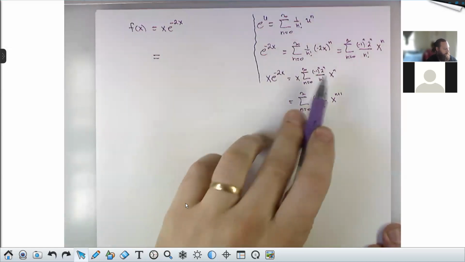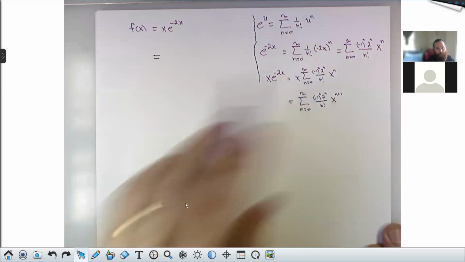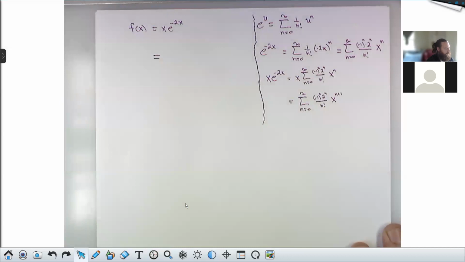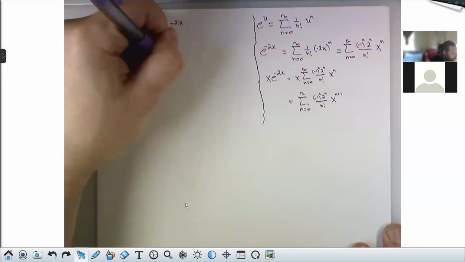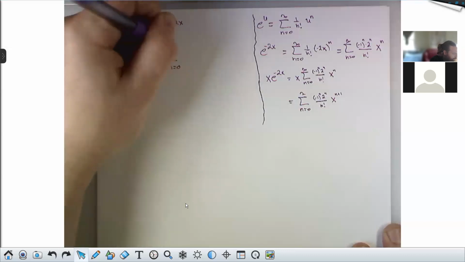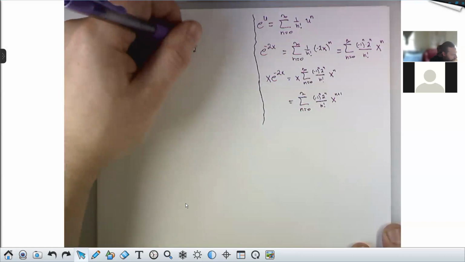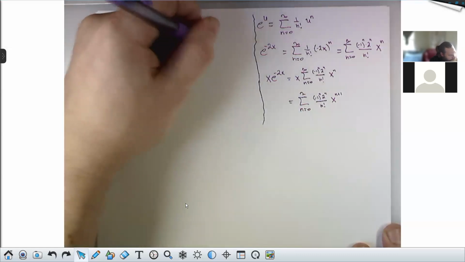Right, just x times x to the n. We move this guy all the way in here. So my power series here is sigma n from 0 to infinity (negative 1) to the n 2 to the n over n factorial times x to the n plus 1.